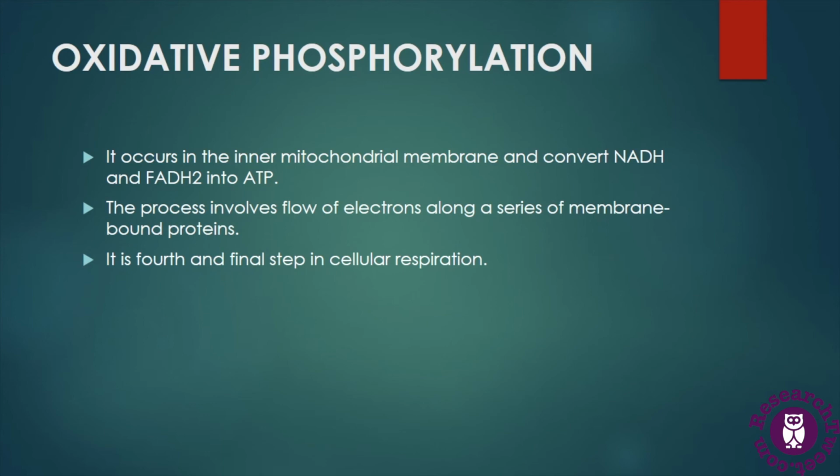Here the metabolism of glucose completes with the formation of ATP, or adenosine triphosphate, molecules, which act as an energy currency for our body, and all our body functions need ATP.